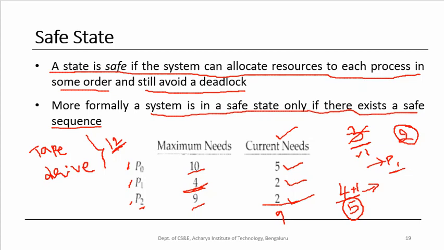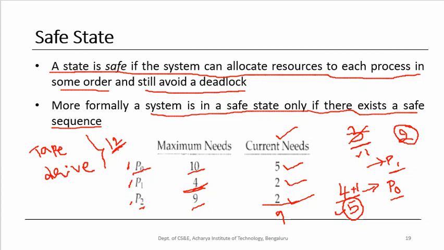The operating system has to check whether this can meet the need of any of the processes. P0 needs 10 and is currently having 5. If we allot these 5 to P0, P0 can complete its execution, because its maximum requirement is 10. Now P1 is done and P0 is done.